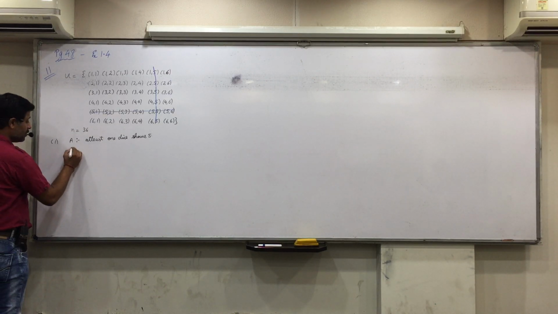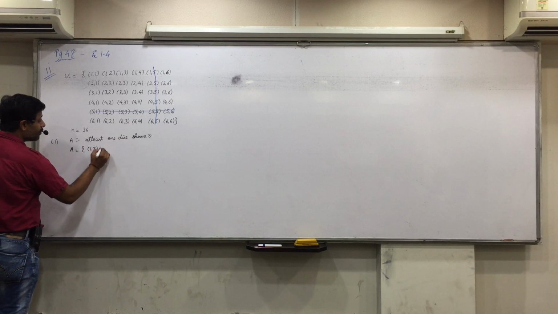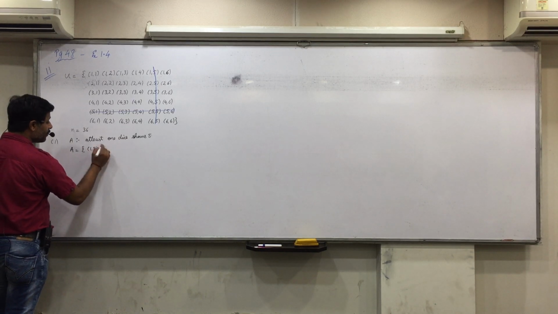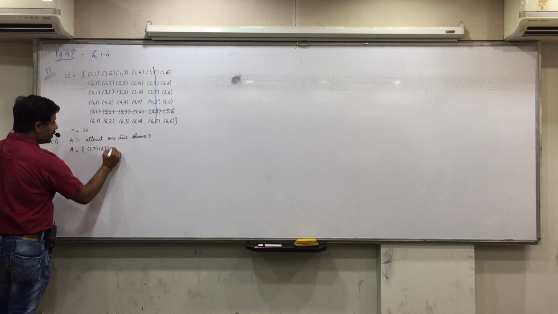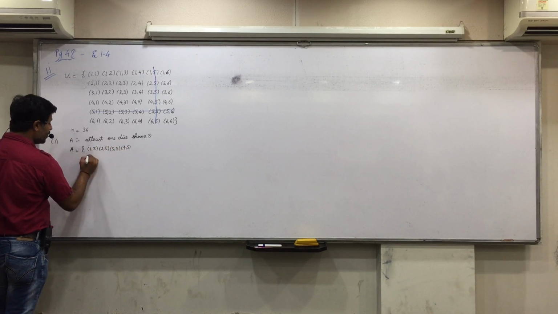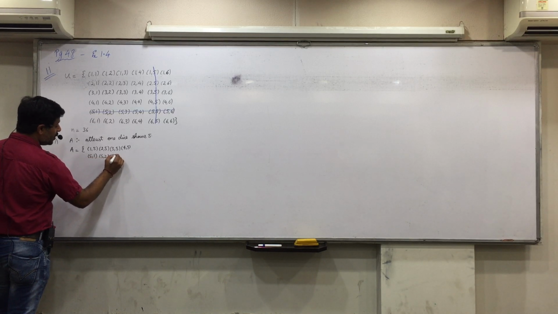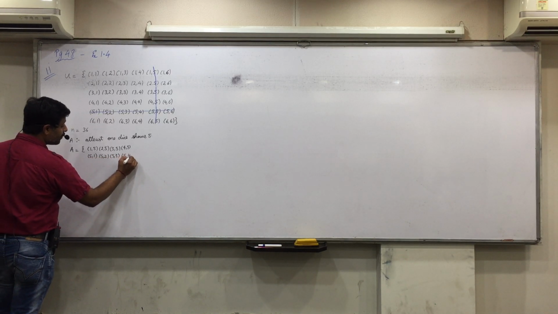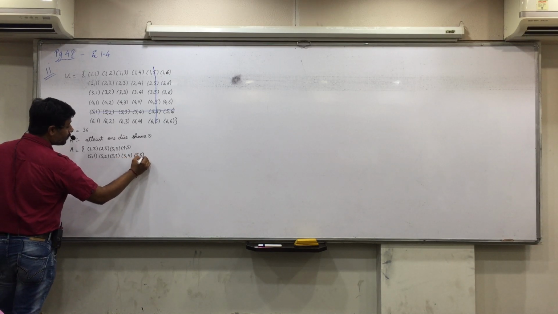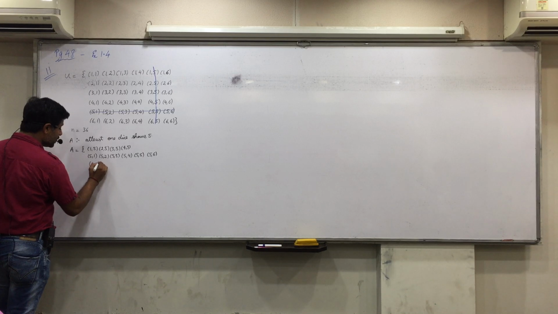Okay, so what are the outcomes that will be included in event A? 1 5, 2 5, 3 5, 4 5, entire row of 5: 5 1, 5 2, 5 3, 5 4, 5 5 and 5 6, and from row 6, 6 5.